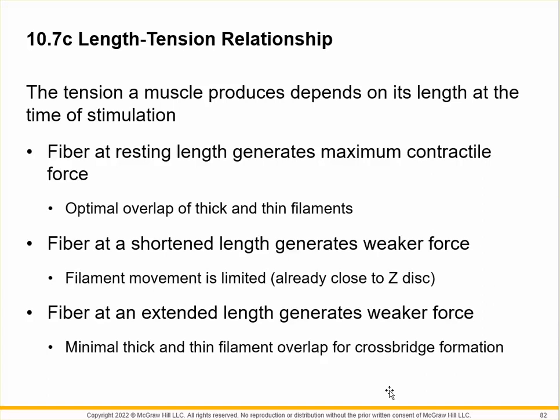If the thin and thick filaments overlap a certain amount at rest, the resting length, you're going to get the maximum amount of contractile force because it's the optimal overlap of the thick and thin filaments, so that when the cross bridging happens, there are lots of myosin heads that can cross bridge to the thin filament actin molecules.